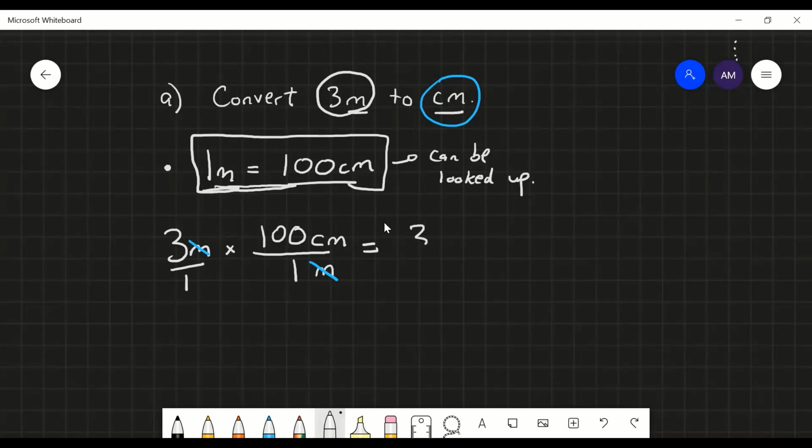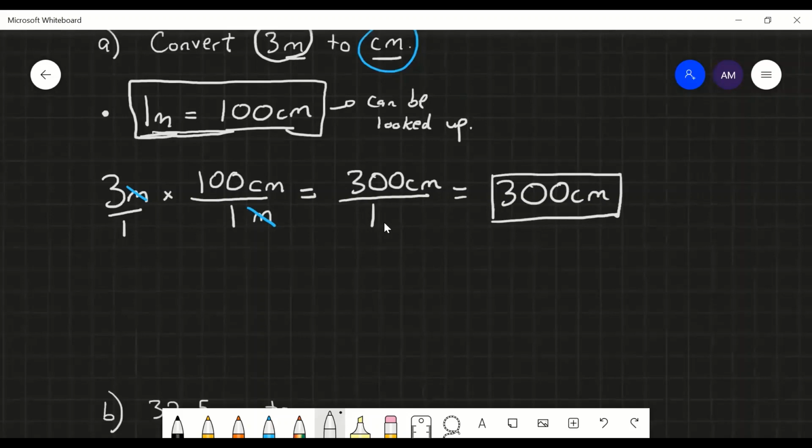So we have 300 centimeters if we do that multiplication. 3 times 100 centimeters, all over 1 times 1, which is 1. And we don't really need to put it over 1. We can just take this as our final answer, 300 centimeters. So that means 3 meters is the same thing as 300 centimeters.